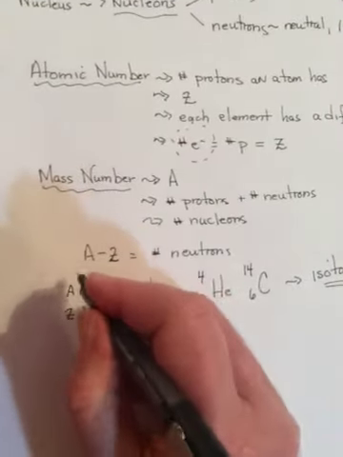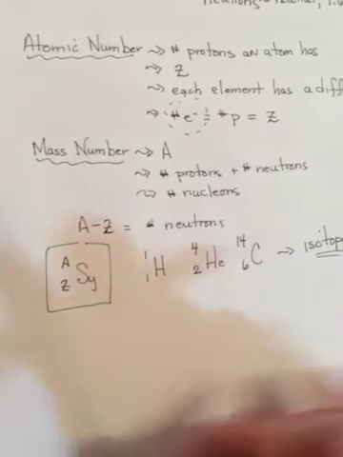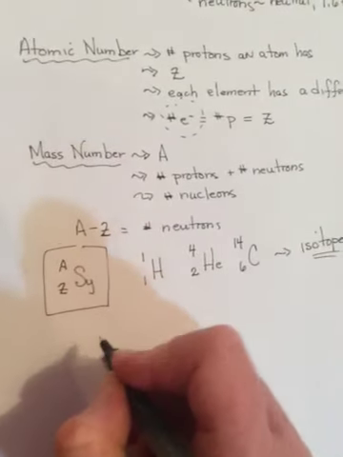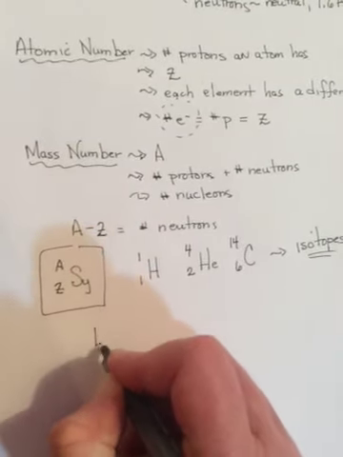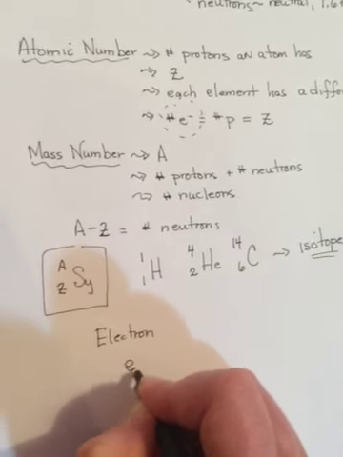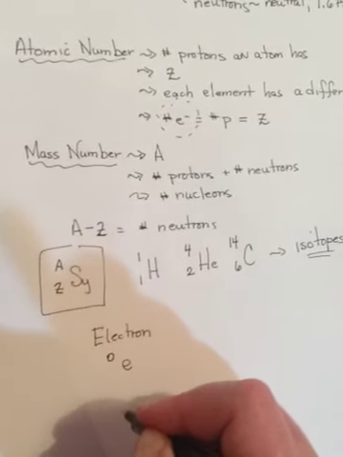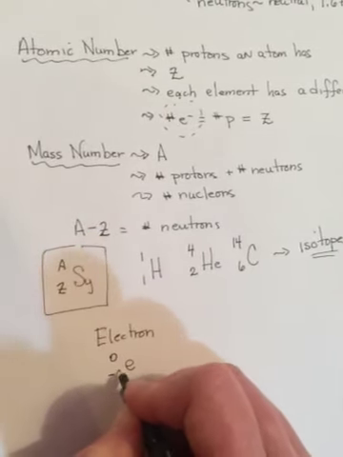First, though, going back to the way we write our elements, we can also write our subatomic particles like this. So an electron, which is an e, we would write as 0 because it has no protons and no neutrons, and -1.